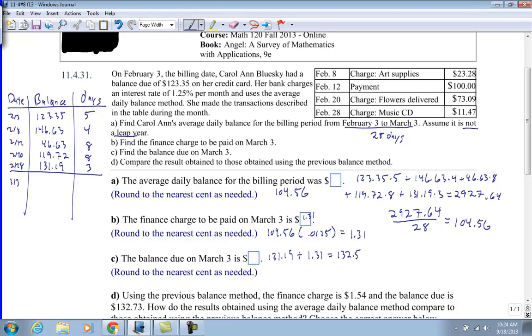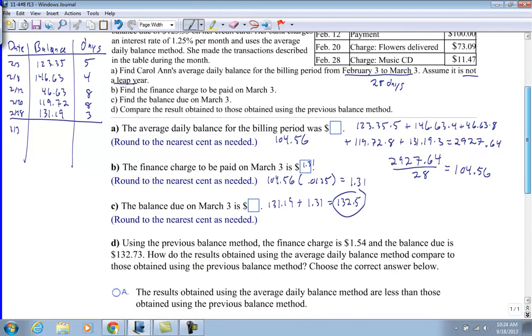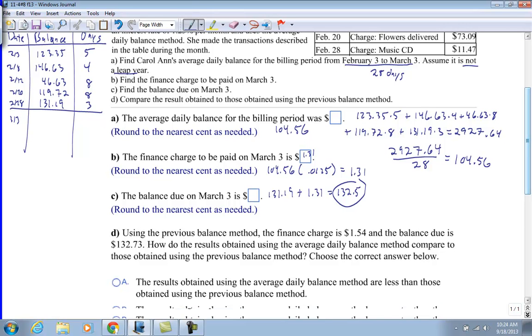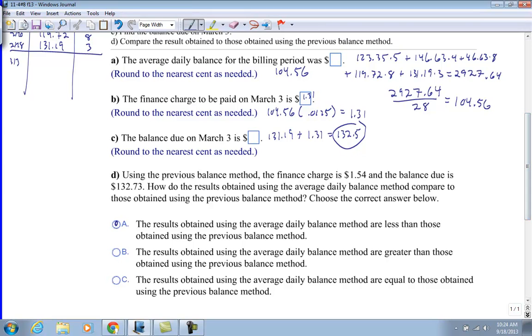That's $132.50. So it says here, using the previous balance method, the finance charge is 1.54. So it's less using this method. And then the balance would be 132.73 versus 132.50. So it's less using the average daily balance method. Or less than those, so it's A.